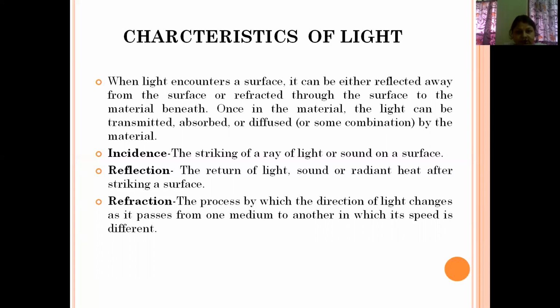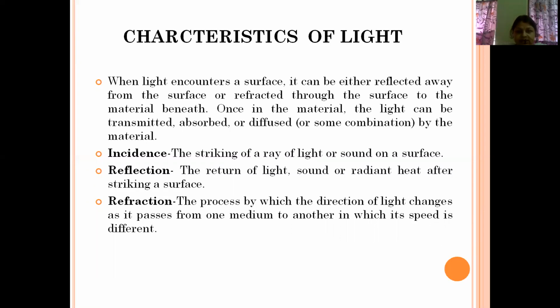When light encounters a surface, it can be reflected away or refraction can happen. So once in the material, the light can be transmitted, absorbed or diffused by the material. So first, incidence. What is incidence? The striking of a ray of light or sound on a surface.